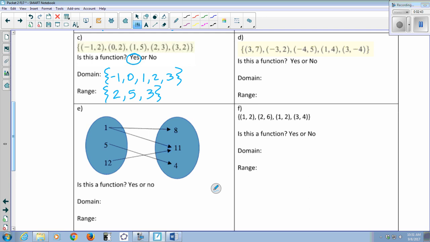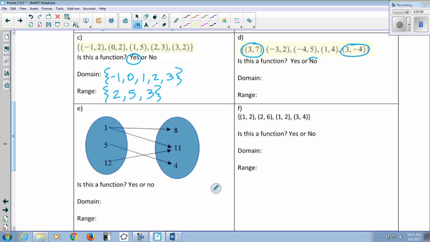All right, here's another set of ordered pairs. I need to find out, is there any x value that's associated with more than one y value? So I'm going to key in on this point and this point. So I have an x value of 3 that's associated with 2 different y values. 3 is associated with 7, and 3 is also associated with -4.